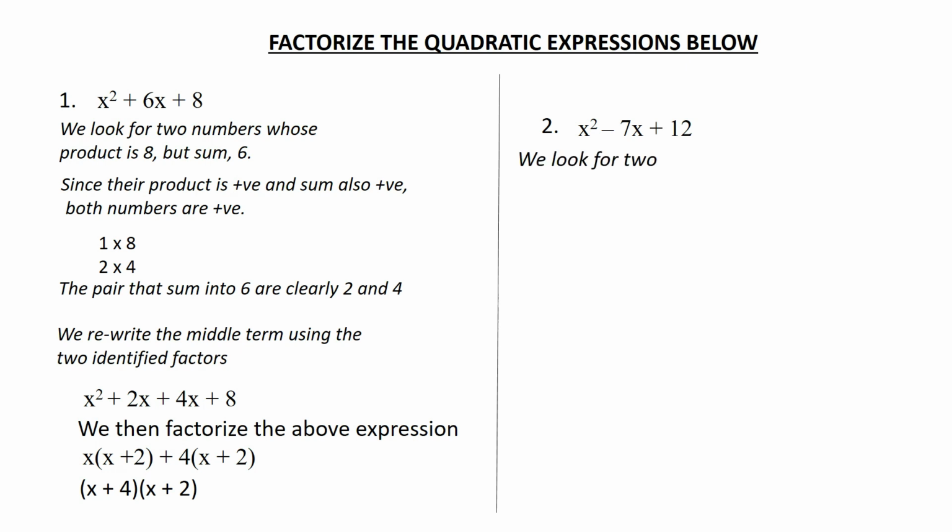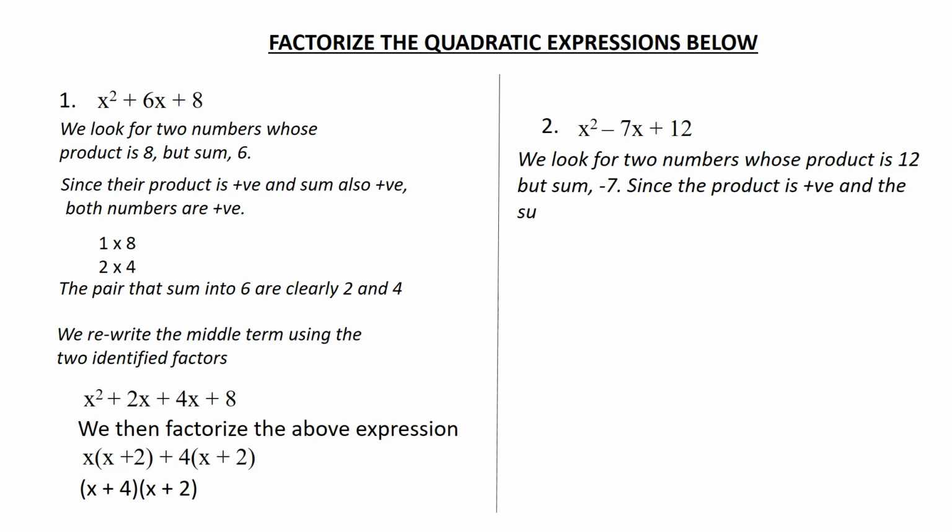So 12 can be found by 1 times 12, 2 times 6, 3 times 4. And if we continue, we'll only be repeating ourselves.